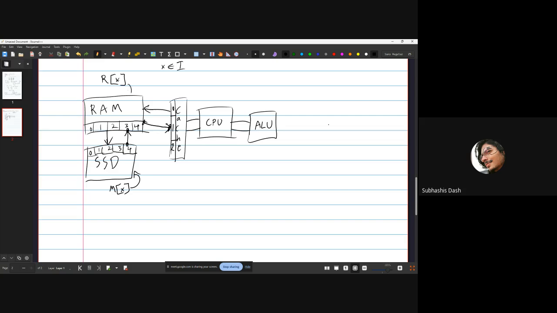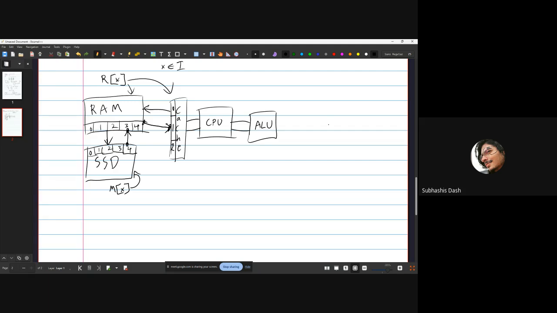And R of X refers to temporary storage or volatile storage. So some register or stuff like that. Generally, registers are mostly found in the cache memory. And the random access memory also contains some level of slower registers.